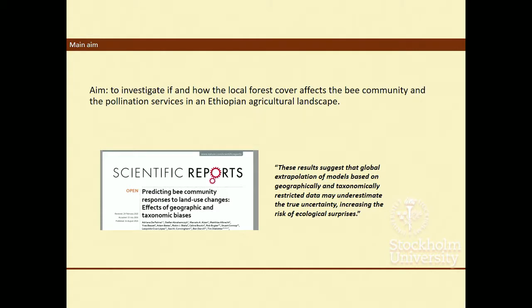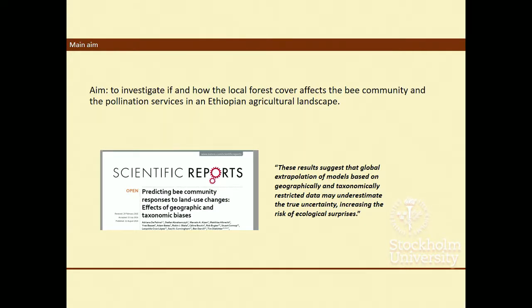But agricultural landscape and management look quite different in different regions. That means that we may not be able to transfer the knowledge between regions. This has also been recently highlighted by Adriana de Palma and her co-authors in a paper in Scientific Reports that shows that bees respond differently to land uses in different regions.